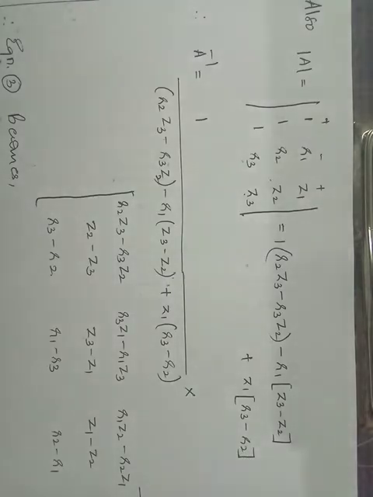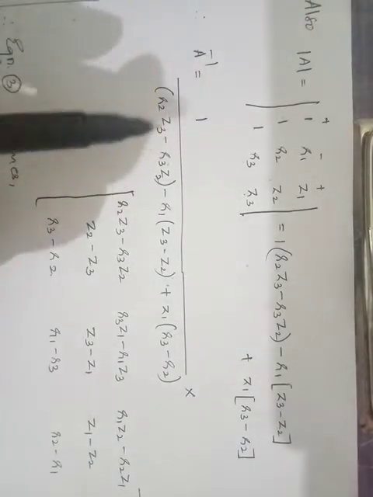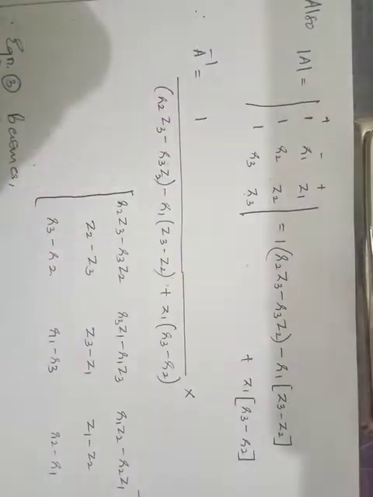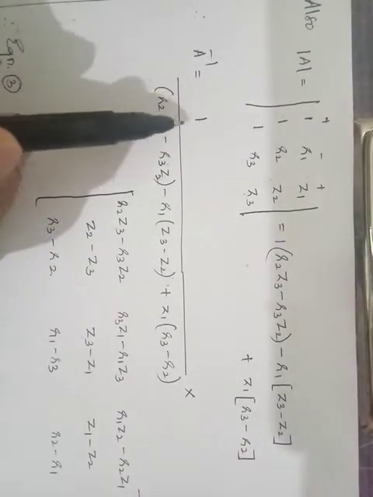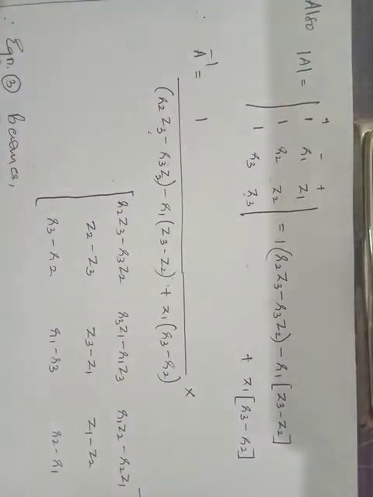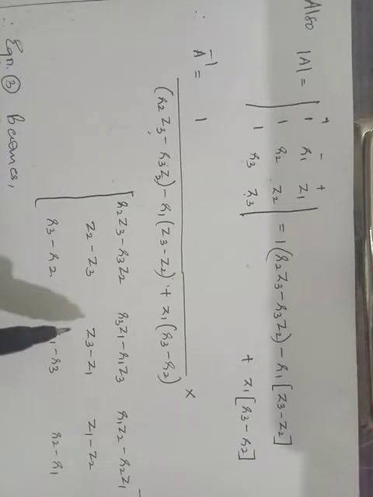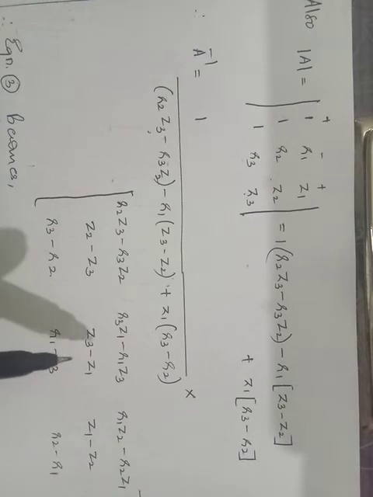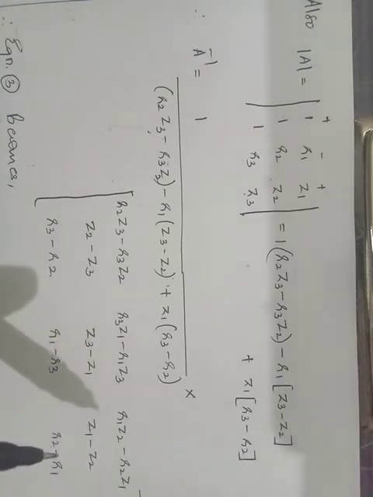So A inverse is equal to, sorry, A inverse is equal to adjoint of A divided by determinant of A. So 1 divided by determinant of A, whose value I have just copied here, and this is adjoint of A. Whatever cofactors I got previously, I need to arrange them into a matrix of cofactors, then take the transpose of that.